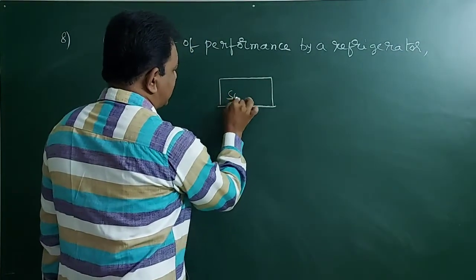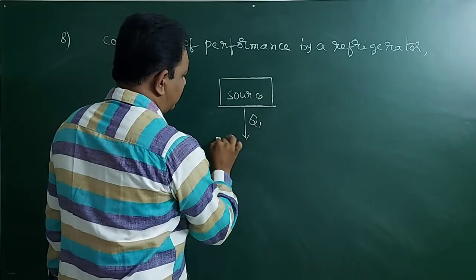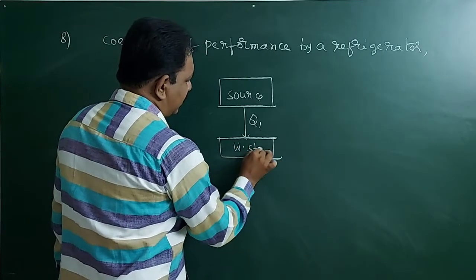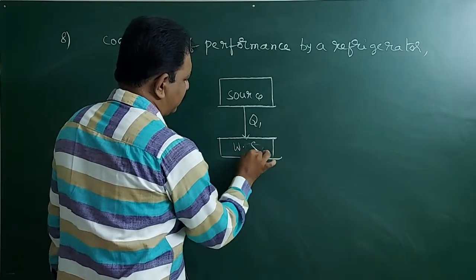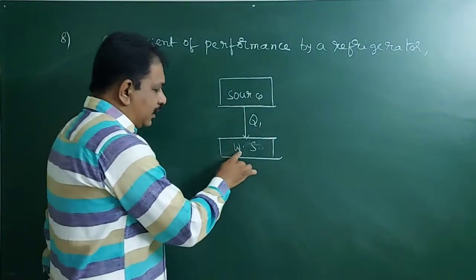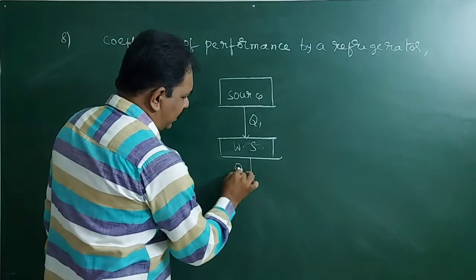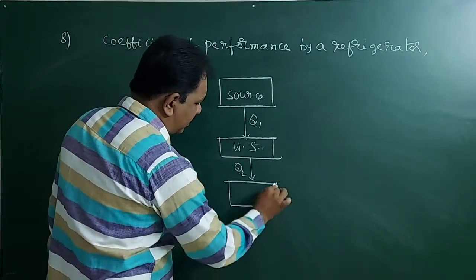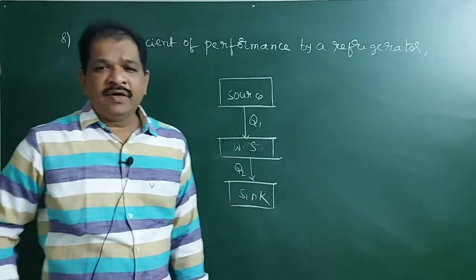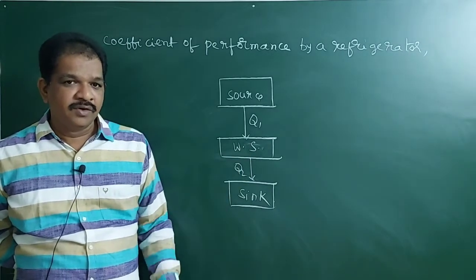Source supplies some heat energy to the working substance. The working substance will be the engine of that bike. It converts some heat into mechanical work. Heat which is not converted into work is given to the sink by this working substance.